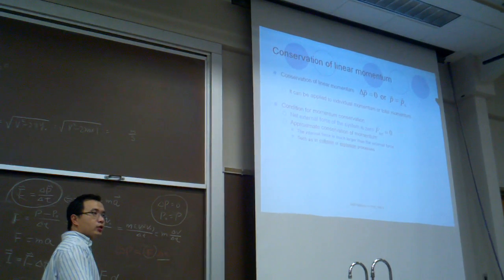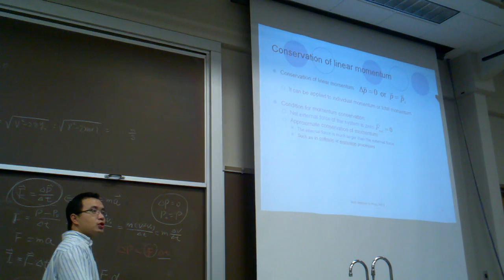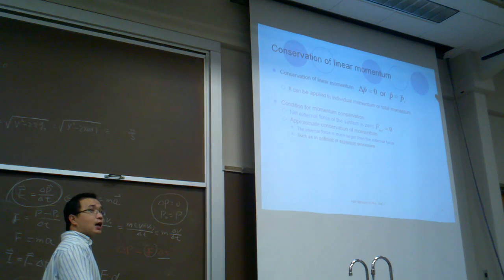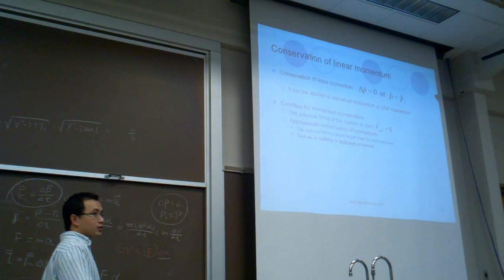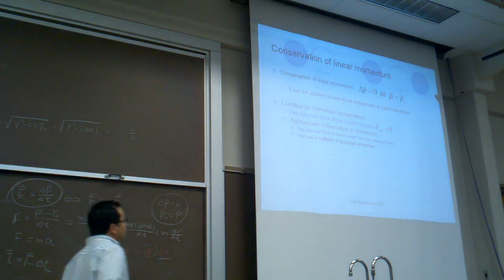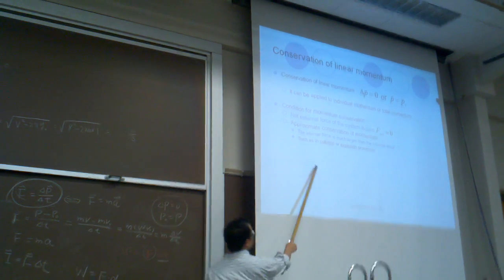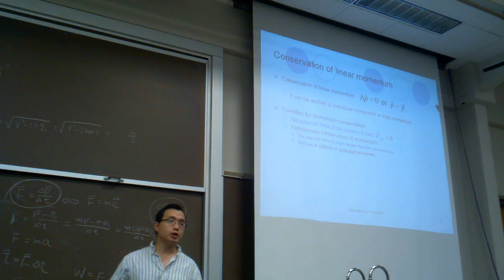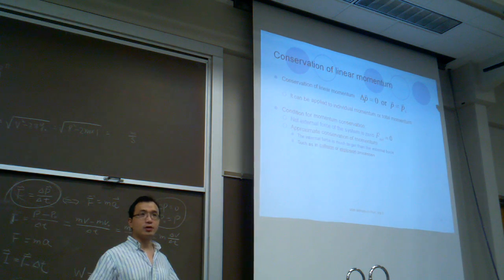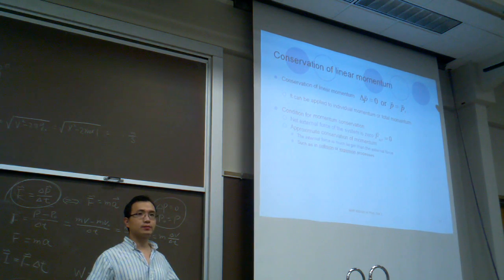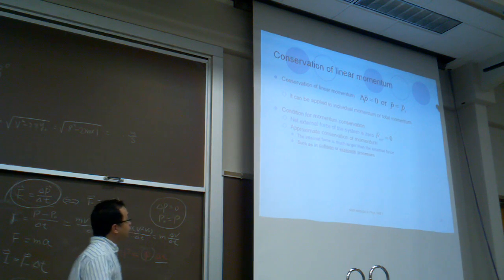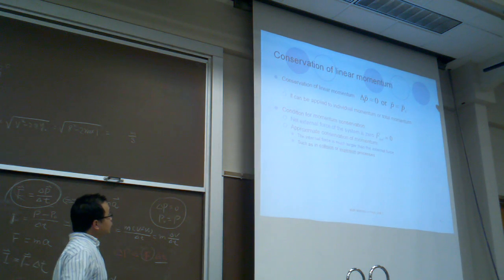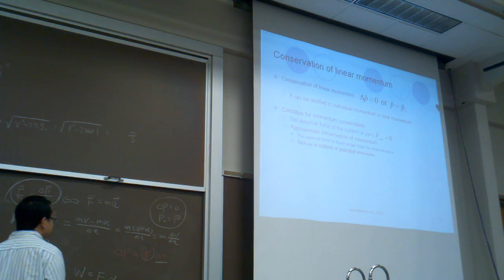Since the internal force is huge, even if you have some external force, you don't have to consider it. So basically, if you have a collision or explosion process, the momentum is conserved. Generally, it requires the external force to equal 0.